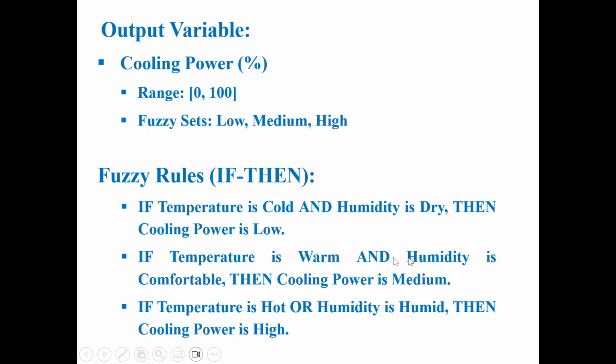If temperature is hot and humidity is dry, then cooling power is still going to be high, because that is what we have stated here. And if temperature is cold and humidity is humid, the cooling power will still be high.